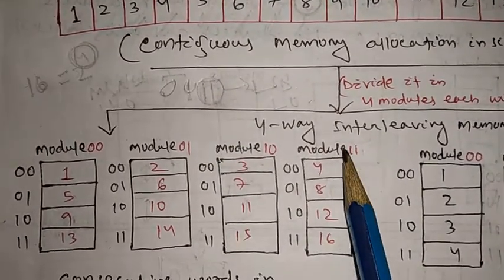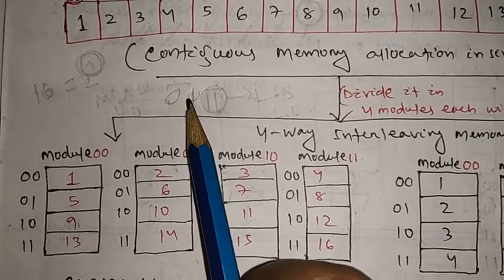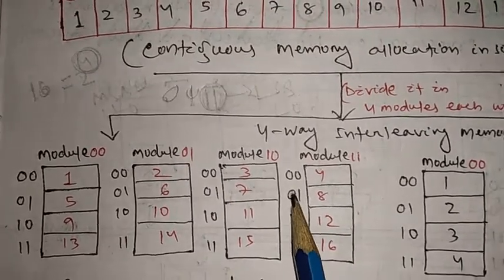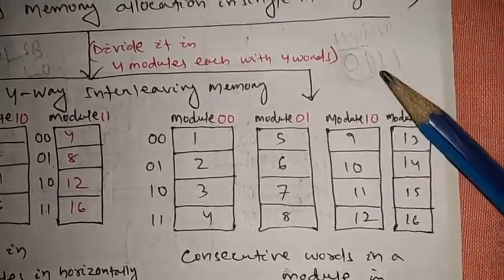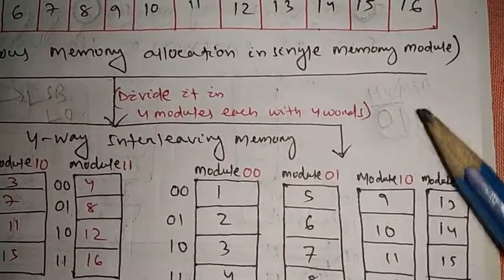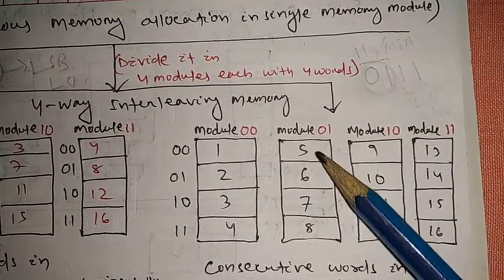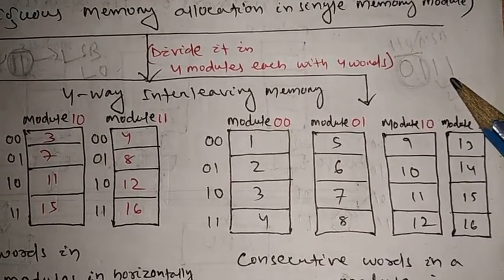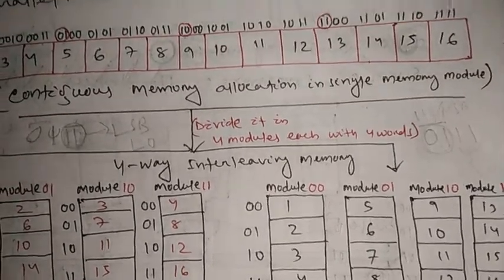So 01 is the module number, and the other bits are the address location of the word. We are searching for word 8, so 8 will be in that location. Similarly, in high order memory interleaving, the first two bits, the most significant bits, are used to identify the module. So 01 is the module, and the last two bits are used to identify the word address. So 11 means this location, which is 8. So this is the memory interleaving technique.